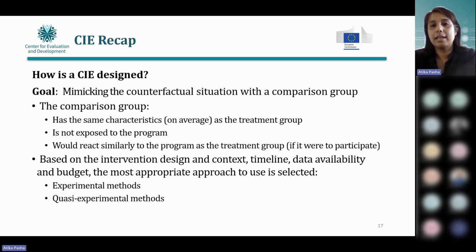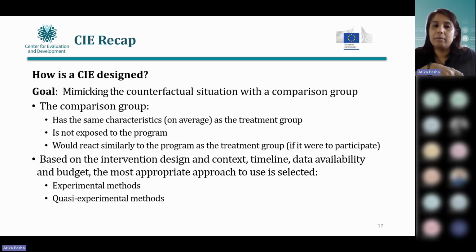Naturally, we cannot design a counterfactual the same way everywhere. There are differences in programs. There are differences in contexts. You might have a humanitarian setting. COVID was one of the settings. There's timeline as an issue. Some programs run for a year, some run for 5, some run for 10.